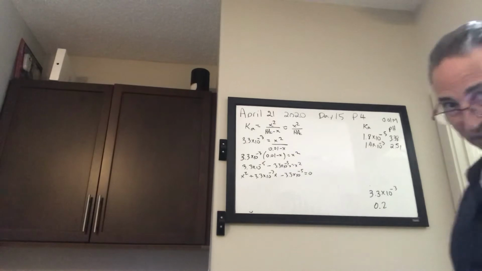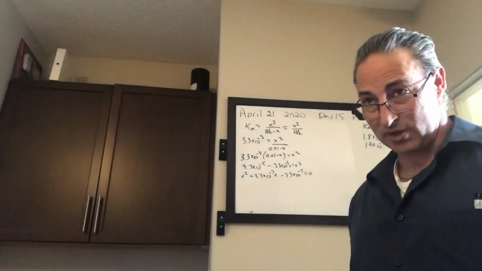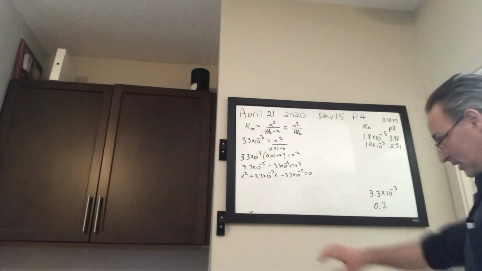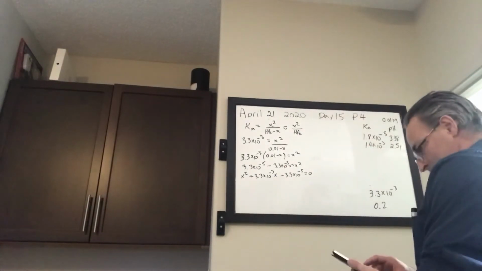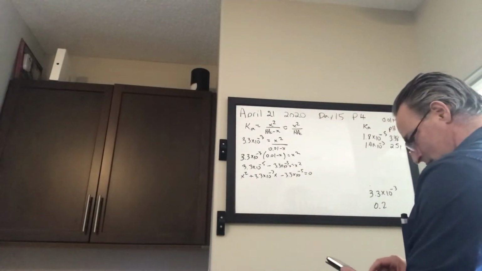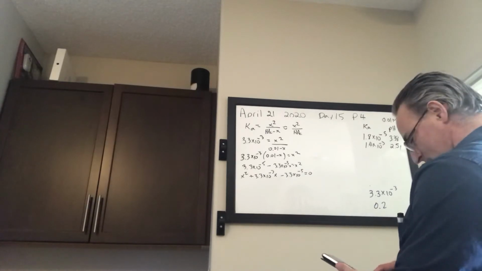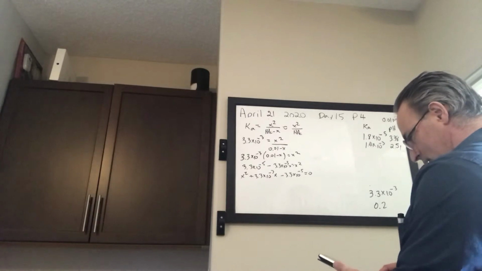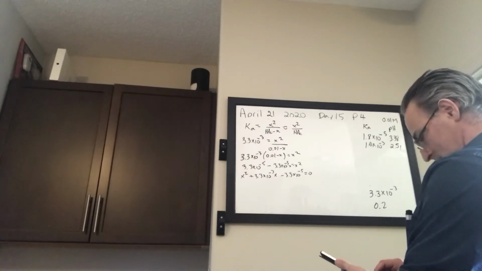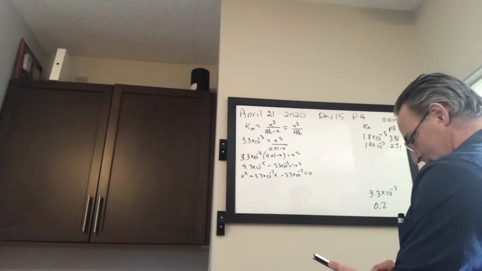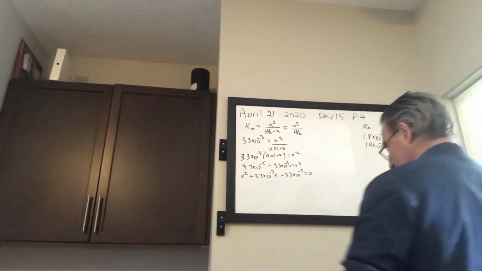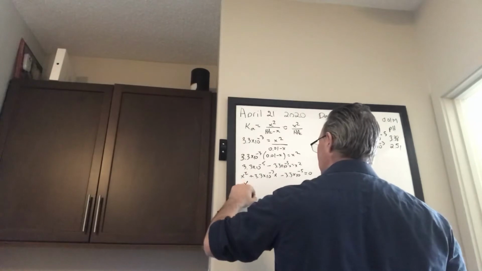You imagine if you're doing this by hand using the quadratic formula, it would be very time consuming. That's why it's good to learn how to use your calculator. Equation, quadratic, first number is 1, enter, second number is 3.3 exponent negative 3, enter, minus 3.3 exponent negative 5, enter, and you get the following numbers for x1 and x2.